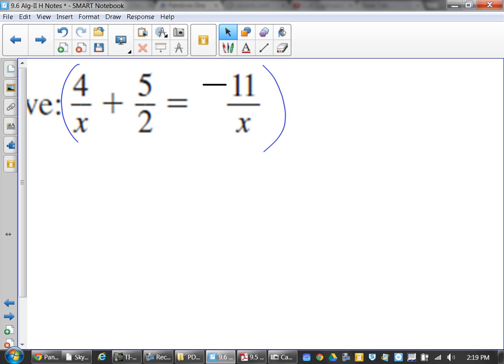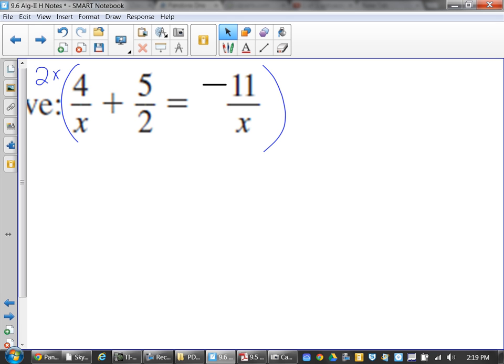What's the common denominator? 2x. So if I multiply everything by 2x, I'm going to start showing you how you shortcut writing out the extra steps.